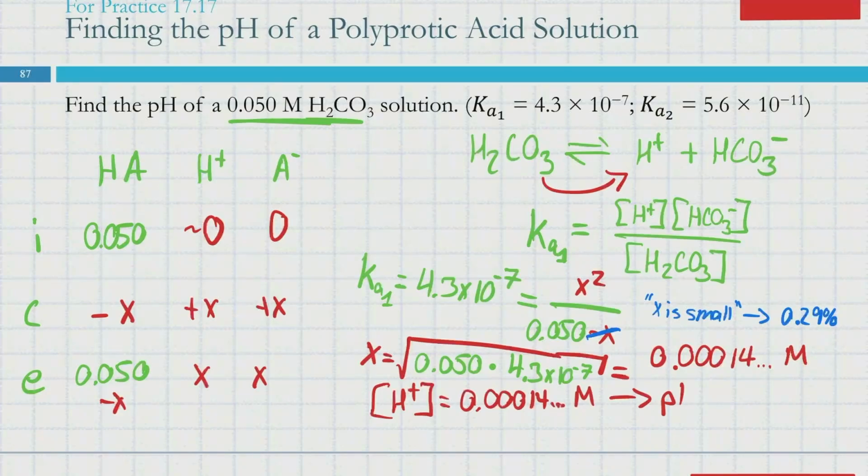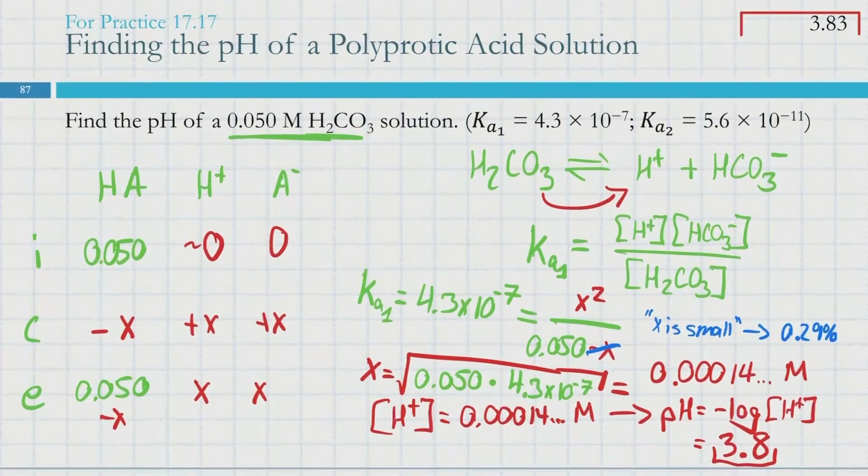So our pH is equal to the negative log of that. So pH is negative log that number, which should be 3.8. Yahoo!